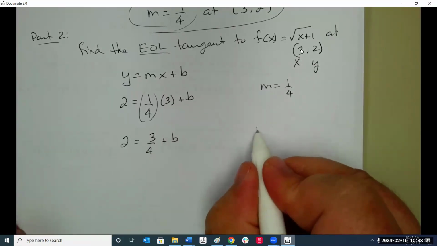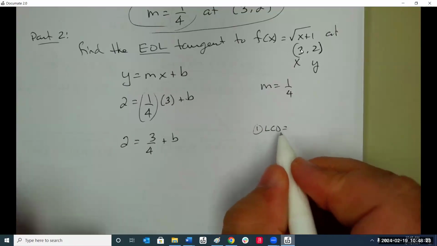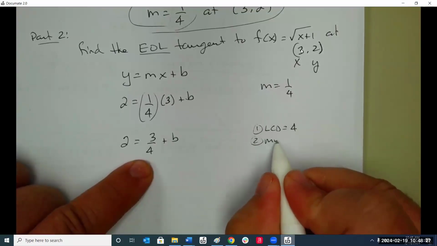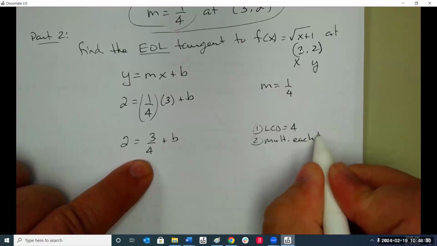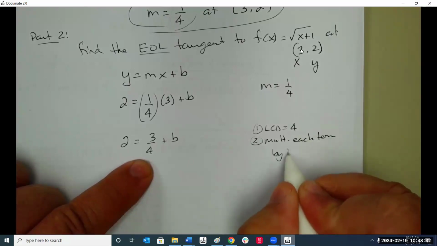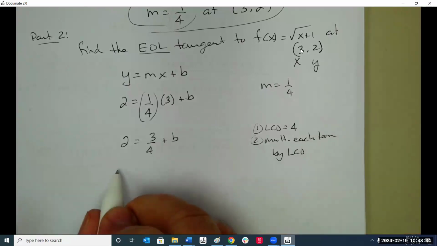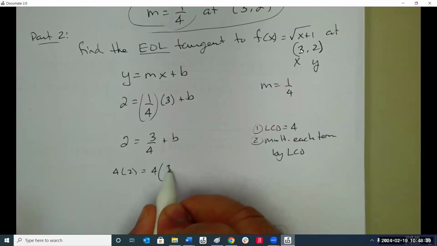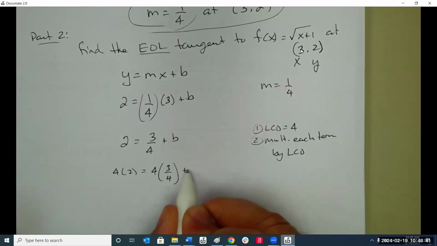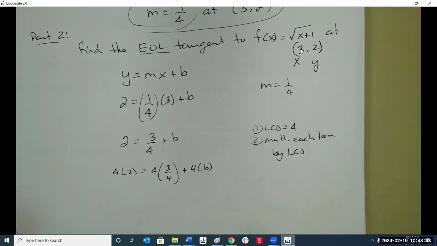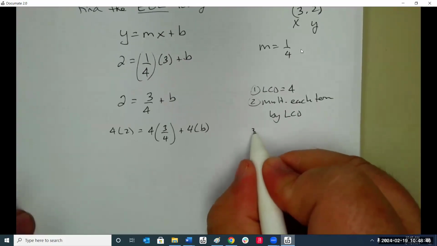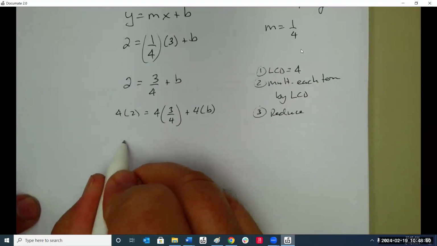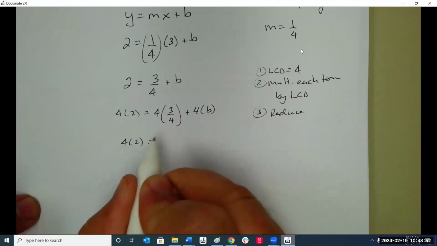Find the LCD. In this case, the only denominator is 4. Multiply each term by the LCD. So we have 4 times 2, 4 times 3/4, 4 times b. Reduce. So we have 4 times 2.